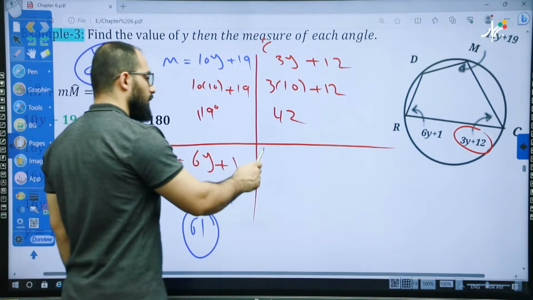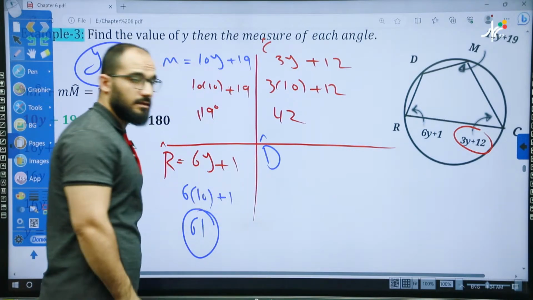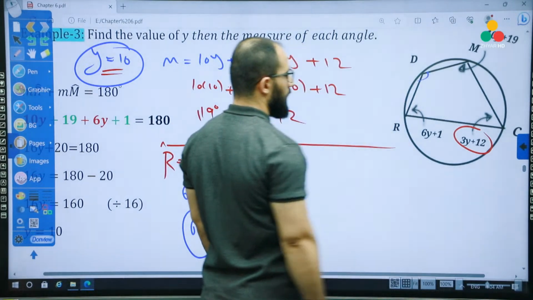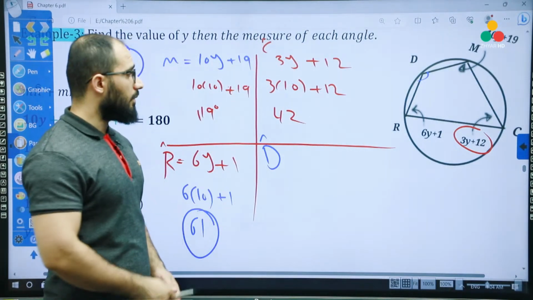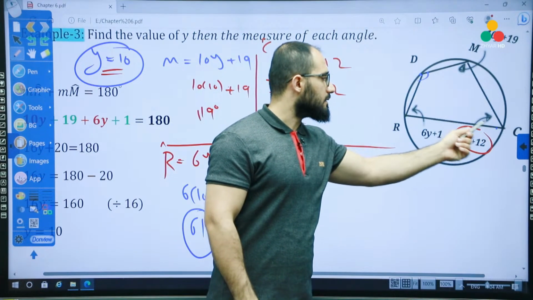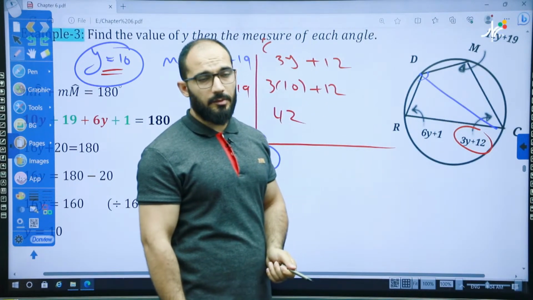Finally, we have to find the value of d, but the value of d is not given. Here we don't have any expression. How can you find it? By the theorem, if you remember, we said that the opposite angles are supplementary.